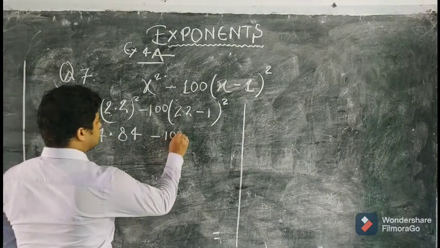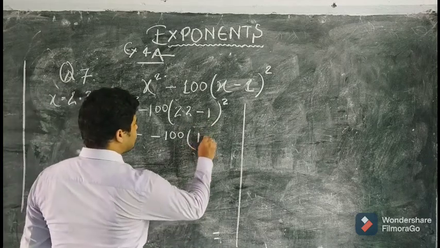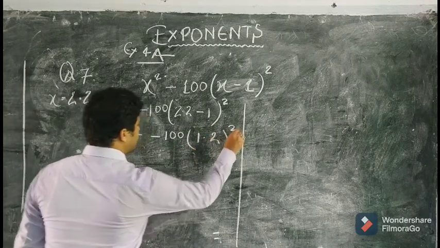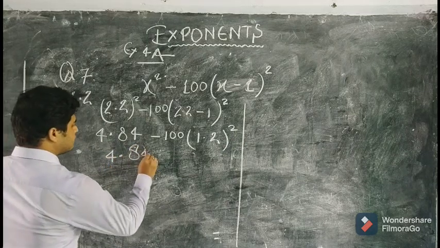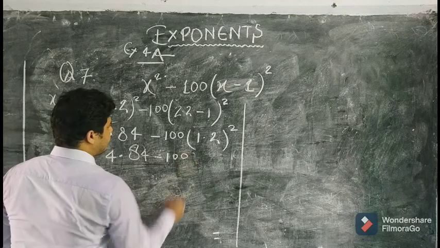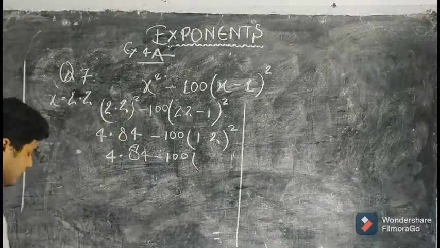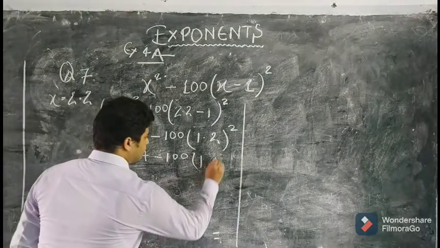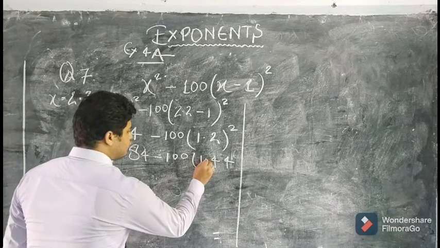Then 2.2 minus 1 will give you 1.2, and it's a square. So 4.84 minus 100, and 1.2 can be imagined as 12. 12 square is 144. So just write down 144, and decimal is at one place, write it down at two places.